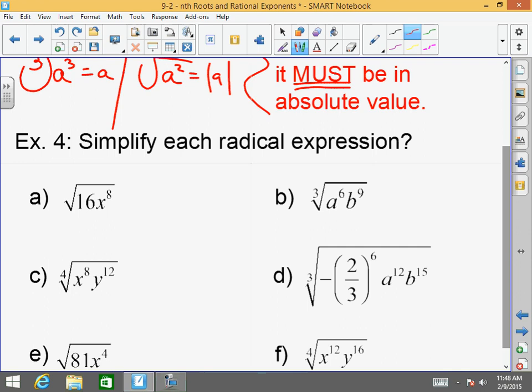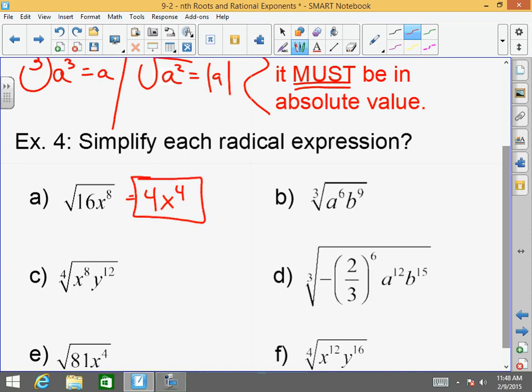Let's work on these. Square root of 16x to the 8th. Okay, remember there's an invisible 2 here, so the square root of 16 is 4. The square root of x to the 8th, remember that we divide the variable's exponent by the index. In this case, there's an invisible 2. So this is going to be x to the 4th. Done.